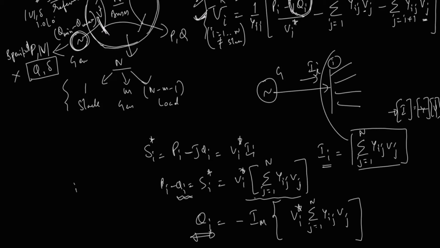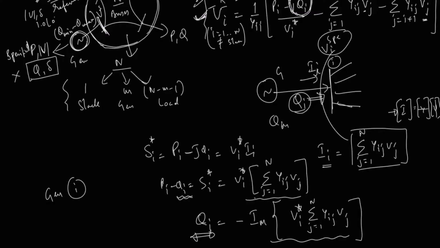Now what I am saying, the ith bus is a generator bus. I am trying to estimate the Q injection required at this bus from the network parameters, voltages and admittance values. And I am trying to check whether the required voltage specified here, the V_i specified, is demanding a Q within the given range, or it is outside of this range.